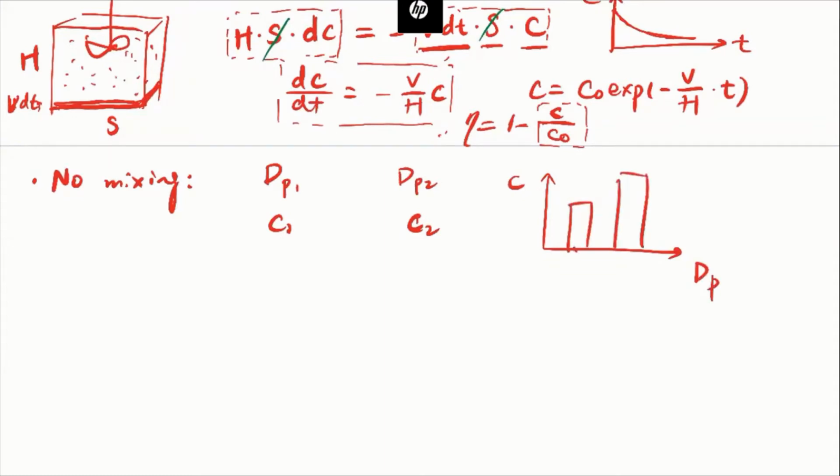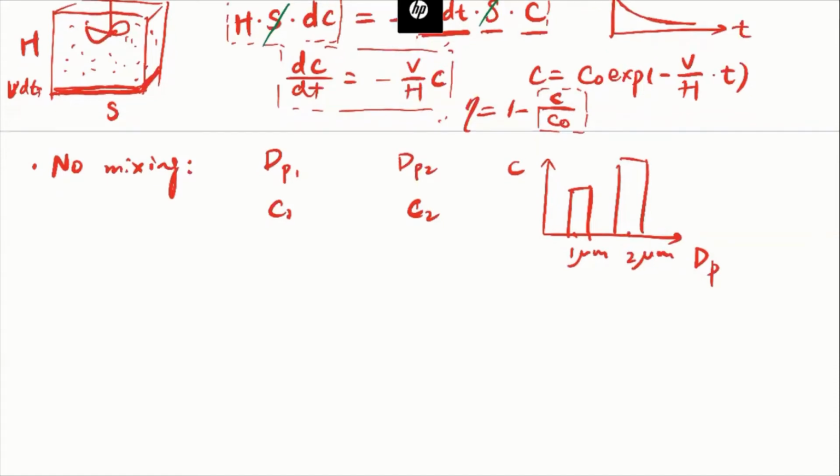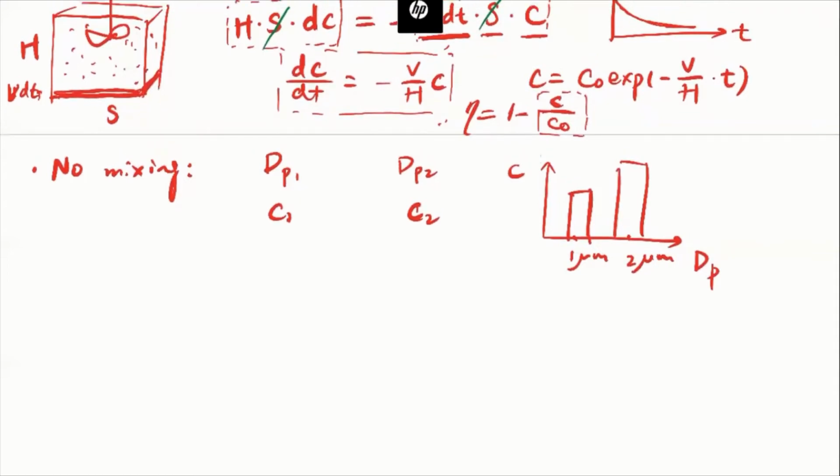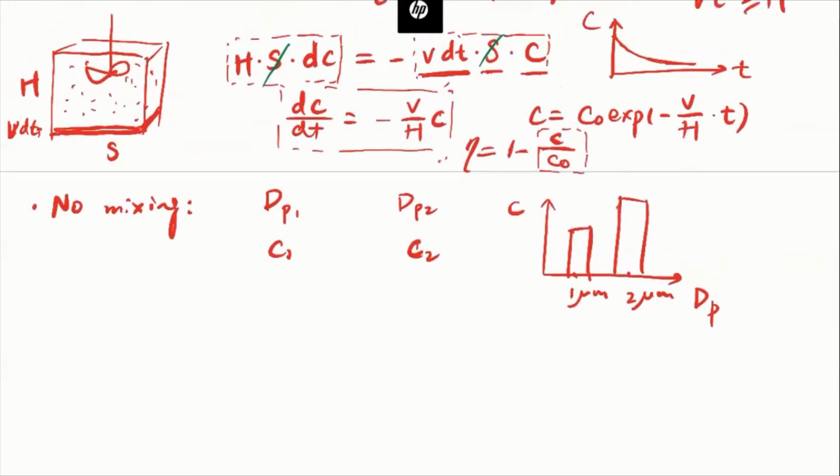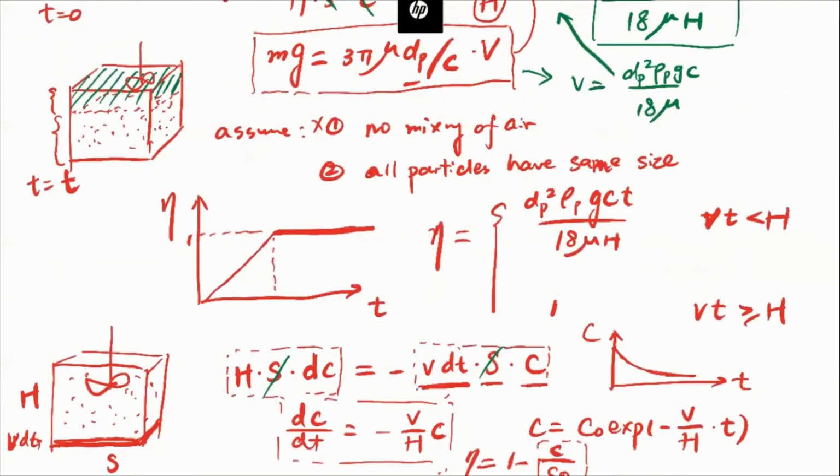Let's assume that this fraction has a particle size of 1 micrometer, and this fraction has a size of 2 micrometers. So we're assuming that there's a separation of the particle sizes. It is actually still quite straightforward to solve for this particle removal efficiency. We're just imposing another fraction of particles. Let's use another color here.